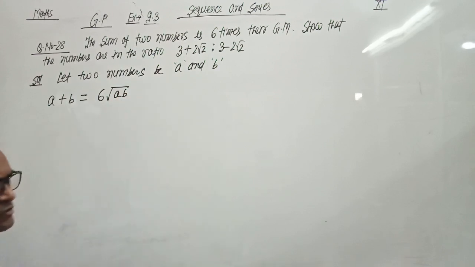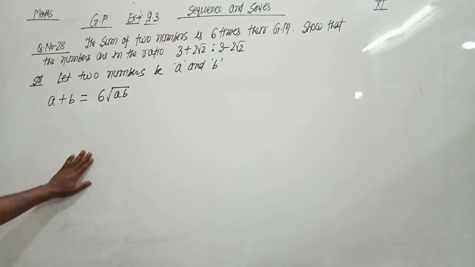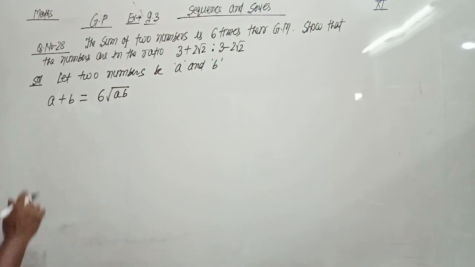The geometric mean of two numbers A and B is given by under root of AB.